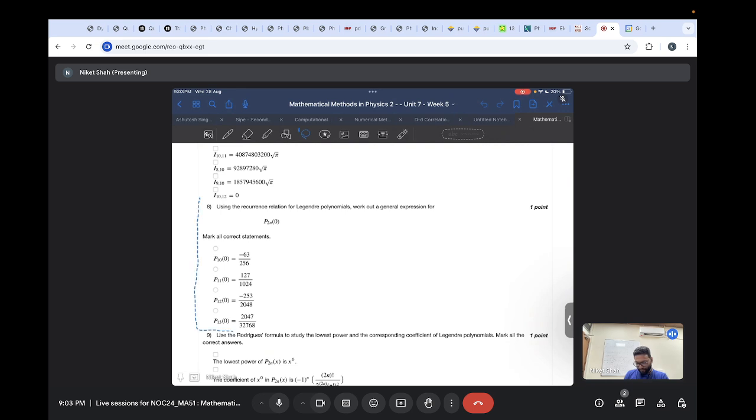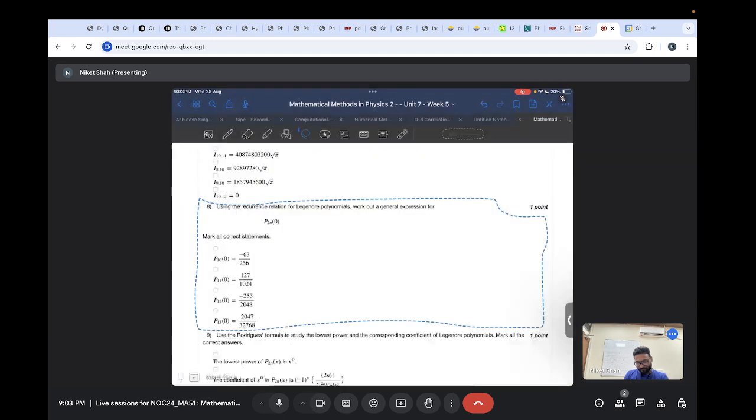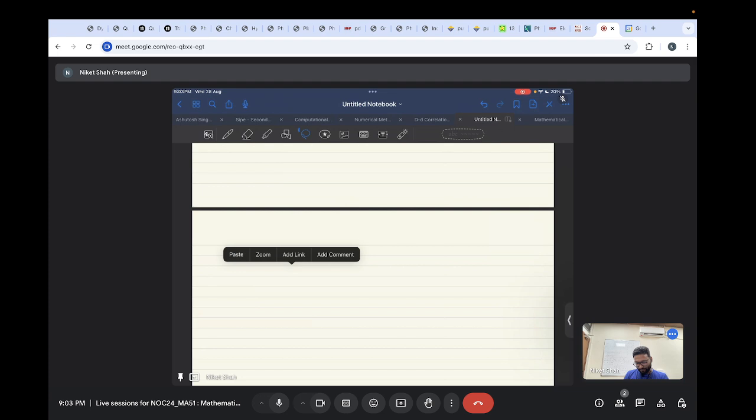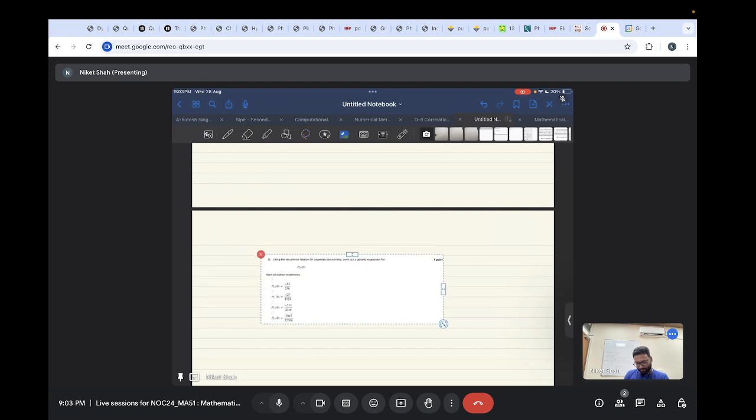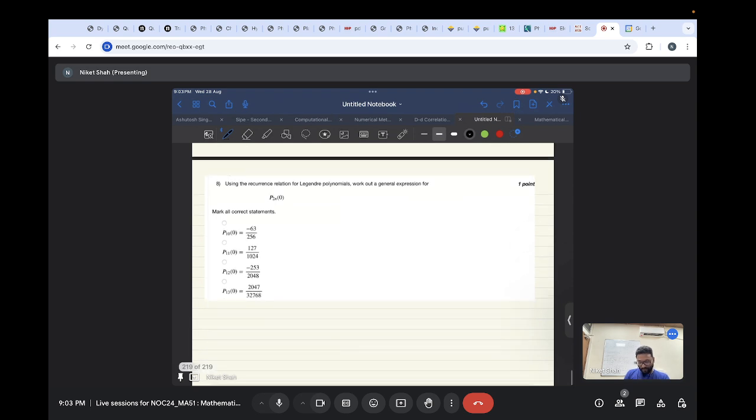Now we're moving on to Legendre polynomials. Using the recurrence relation for Legendre polynomials, work out a general expression for P of 2n of 0 and mark all the correct statements.